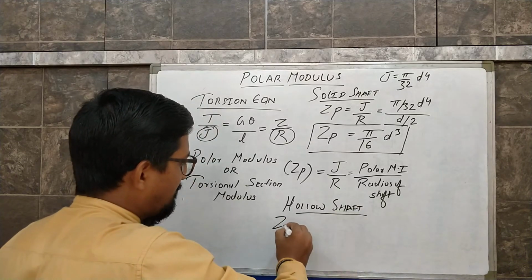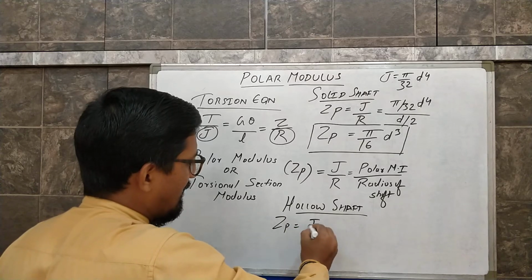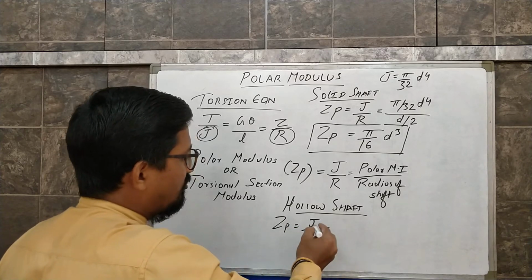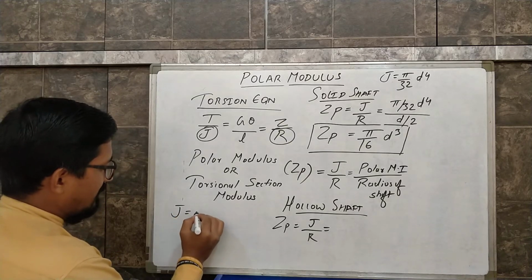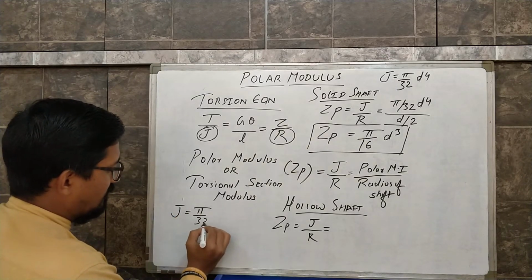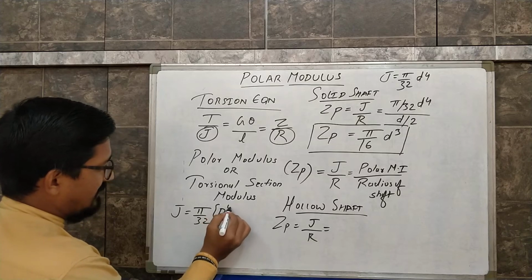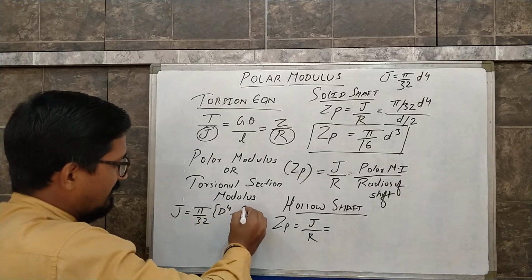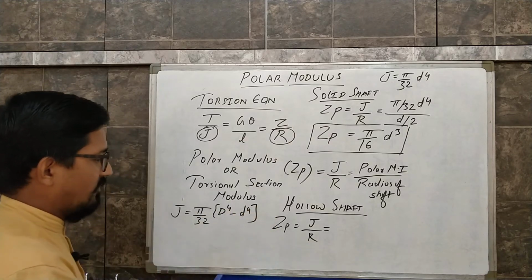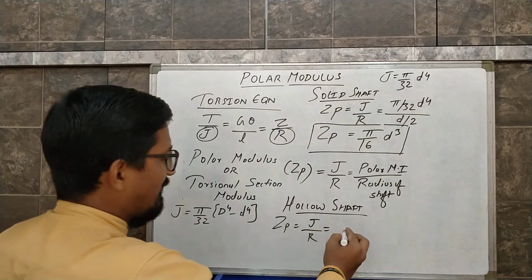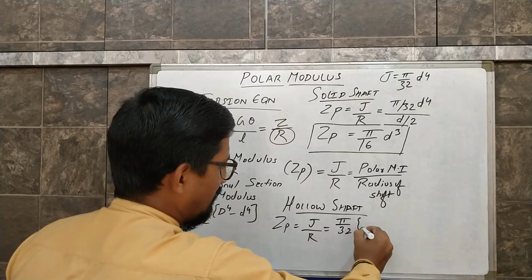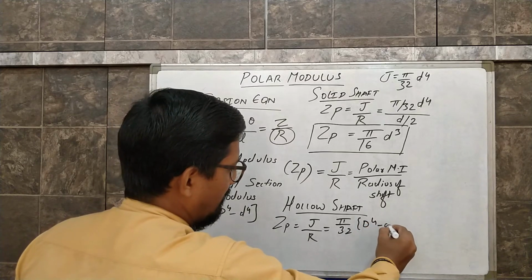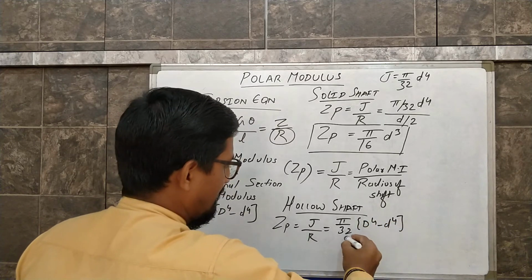So ZP will be equal to J by R. Now J for a hollow shaft is pi by 32 external diameter raised to 4 minus internal diameter raised to 4. So instead of J we can put this value, pi by 32 D raised to 4 minus d raised to 4.